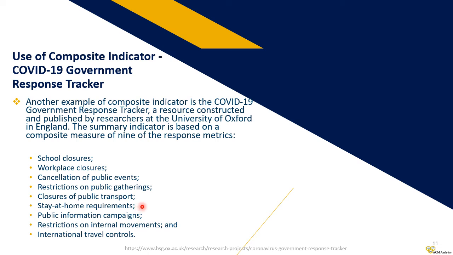It is especially important to note that the publishers of the response tracker emphasize that their summary index merely records the strictness of government policies and should not be interpreted as scoring the appropriateness or effectiveness of countries' response.